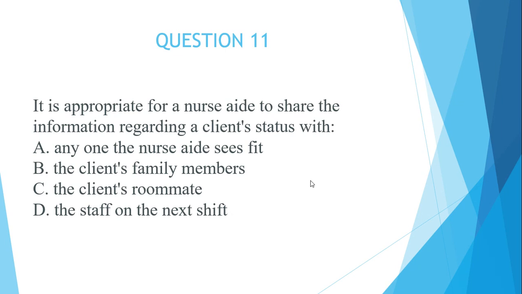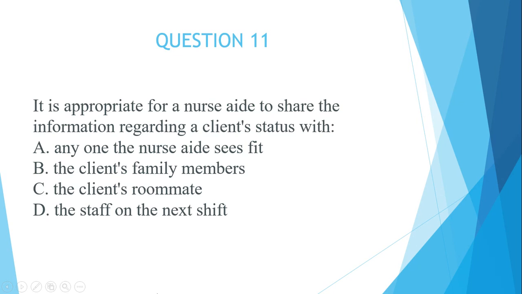The only person you have to share information with is the staff that is coming on the next shift, or the one that is leaving, or the other team members that need that information to care for that resident. It's not anybody you see in that facility. It's not the family members. Let the family members go to the nurse if they need any information, not from you.